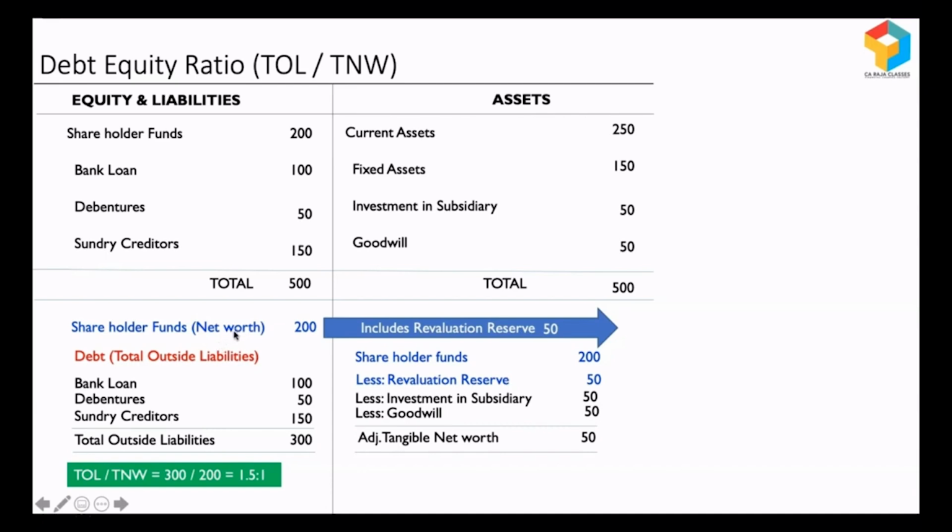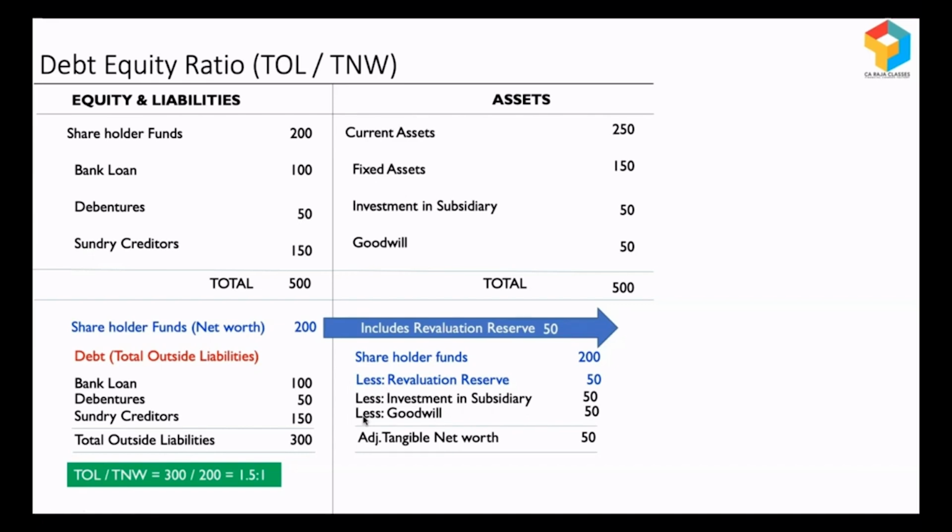We started with net worth, right? And this net worth figure, when it is adjusted for revaluation reserve and goodwill, we call it tangible net worth, because these two items, this revaluation reserve and goodwill, are almost intangible. Goodwill is absolutely intangible, revaluation reserve is only a book entry.